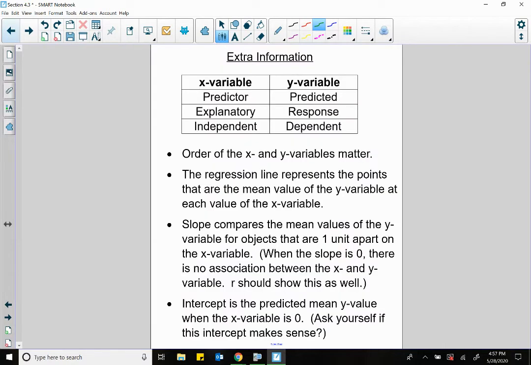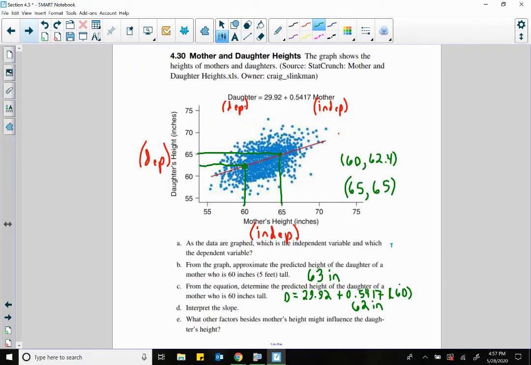Now, let's talk about the next piece, because the next one says interpret the slope. The slope compares the mean values of the Y variable for objects that are 1 unit apart on the X variable. So when I interpret the slope, it is right here. That's the slope.